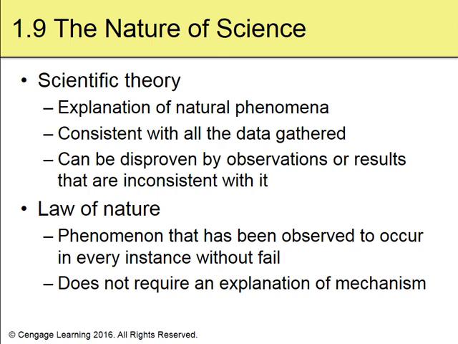The mechanism of that phenomenon, of that revolution, is simply the law of gravity. So we understand that gravity is a law. It's a phenomenon that occurs, but that doesn't explain the mechanism of how gravity works. So we have to have a theory, a scientific theory of gravitational effect, along with having a law that simply states gravity is real.